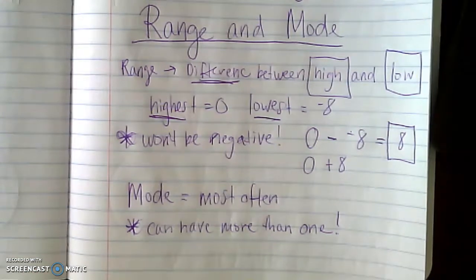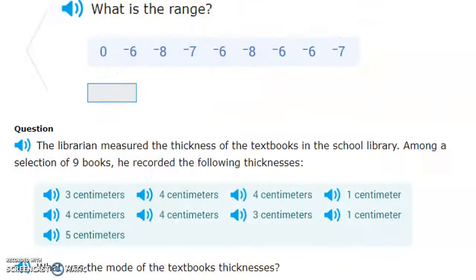I saw this problem come up that people were having some difficulties with. Here we had a librarian measuring the thickness of textbooks, and we had some different thicknesses. The best thing to do when you're doing mode, especially since a lot of times they're going to ask you to do something else like median, is to put your data in order from greatest to least.